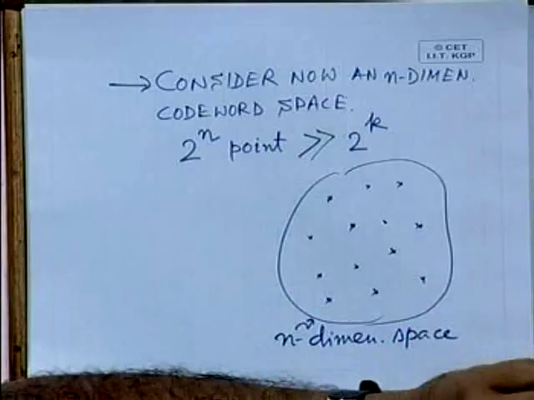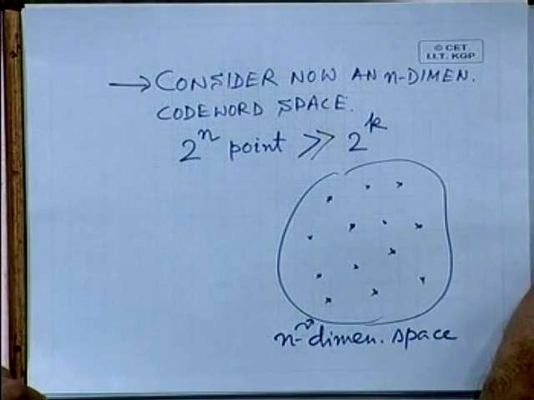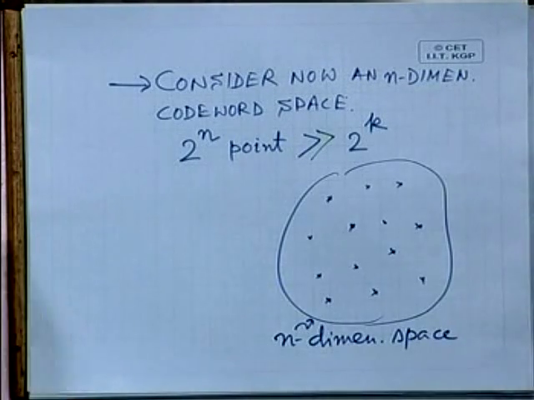Now, can you guess something about the coding strategy or encoding strategy? There should be some plan while we add these n minus k bits to a group of k message bits. The idea is to see that there is a one-to-one mapping of each of these k bit message patterns to one point in the higher dimensional code word space.